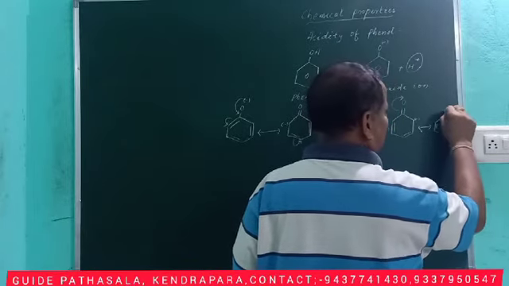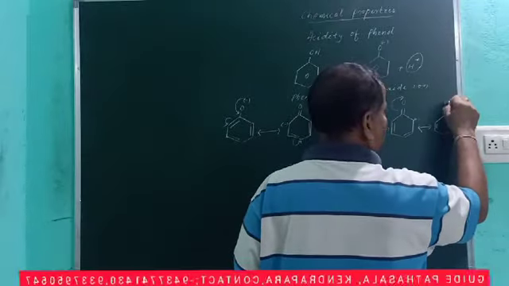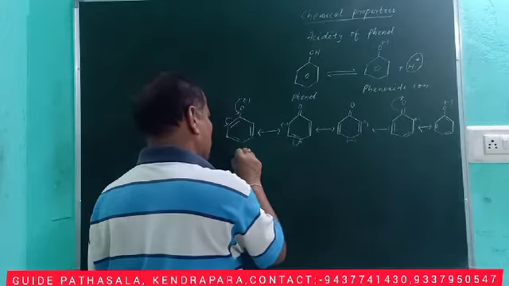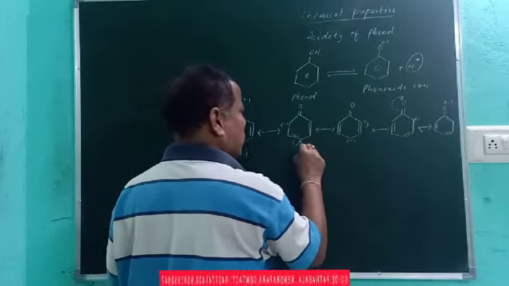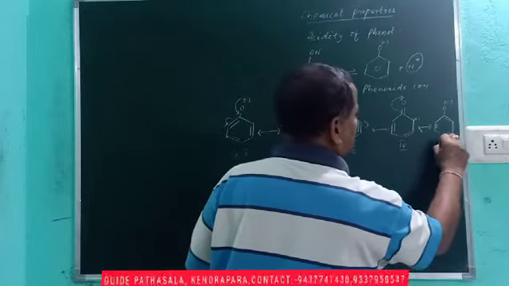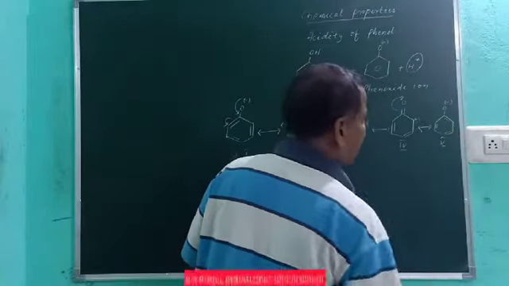So due to resonance, the position of the double bond shifts: it is your structure 1, structure 2, structure 3, structure 4, structure 5.